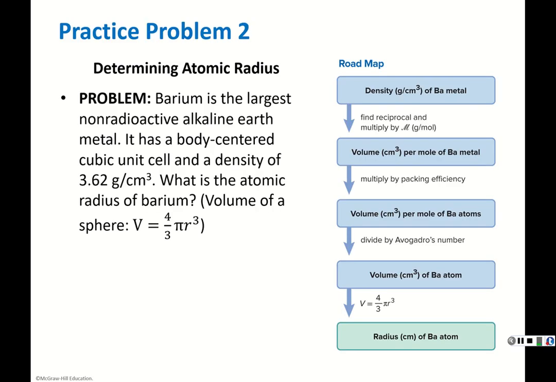One thing the question's not giving us is the molecular weight. It's giving us the density, but not the atomic weight in this case, so that's what we're going to have to look up.